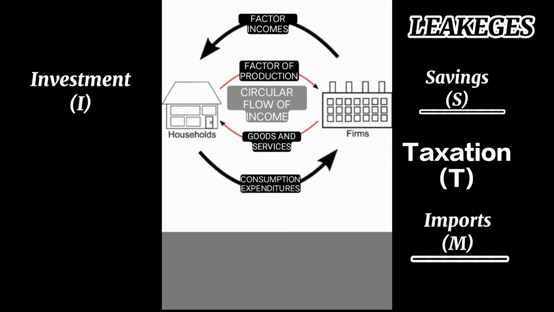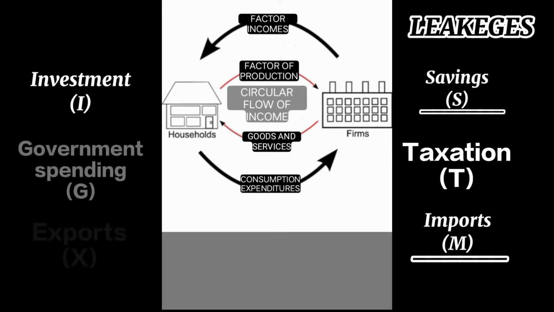Who else can spend on goods and services made in our economy? So, there could be government spending, known as letter G. Who else can spend on goods and services in our economy? That's known as exports for us.